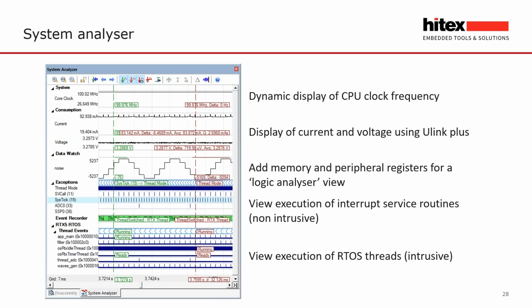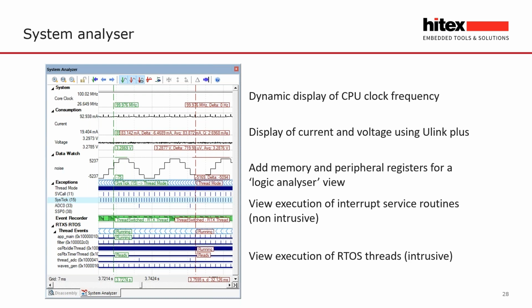An important new feature that's been added to the debugger in the last release or so is the system analyzer view. This brings together a lot of the real-time information and displays it graphically within the tool. It allows us to gain a very detailed insight into exactly how our code's running. There's a lot of information in this screen, and starting at the bottom, if you're using the operating system, you can view the execution of all of the threads.